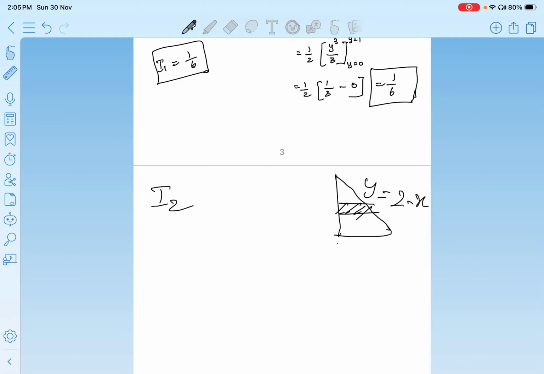So x is from 0 to 1, y is from 1 to 2 minus x. Okay.